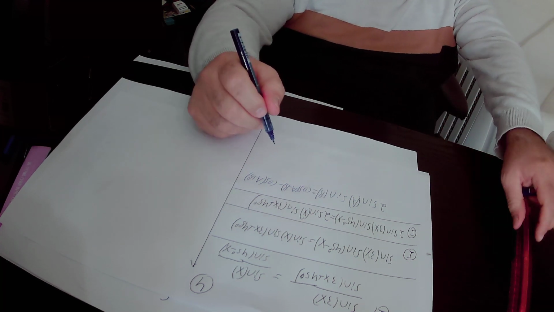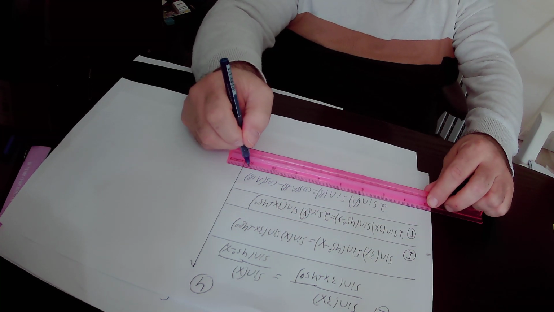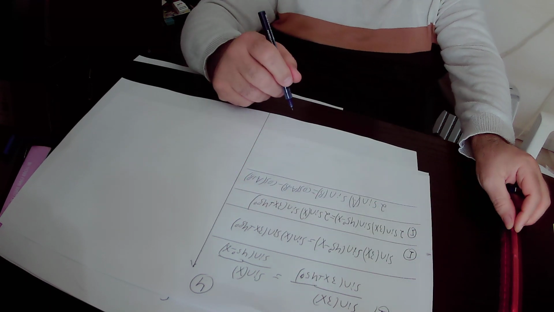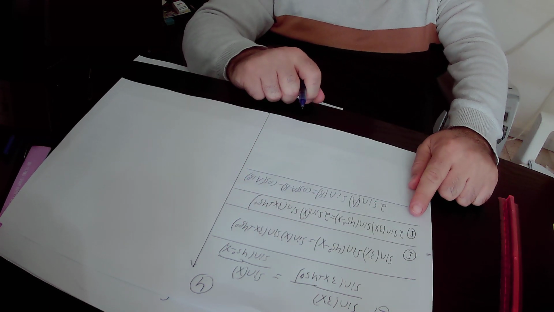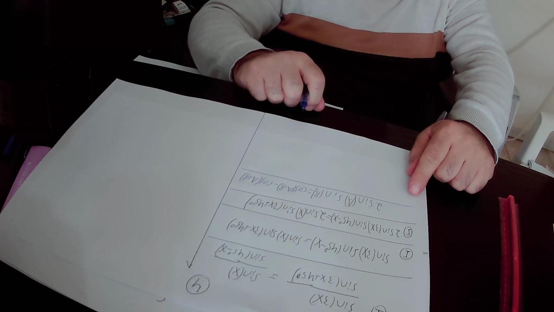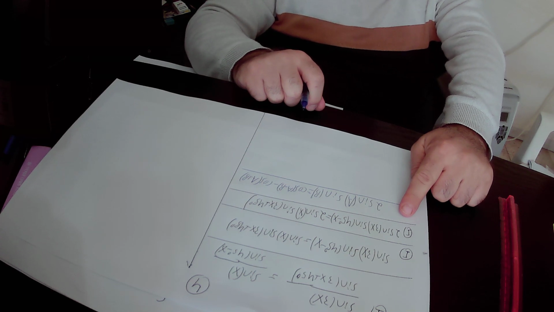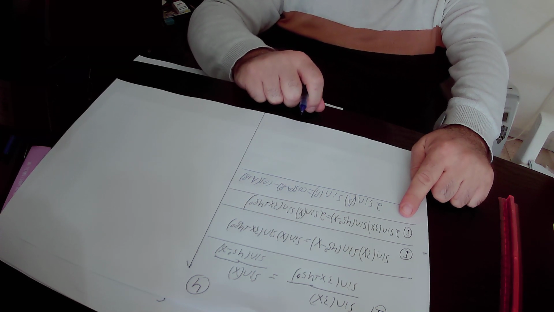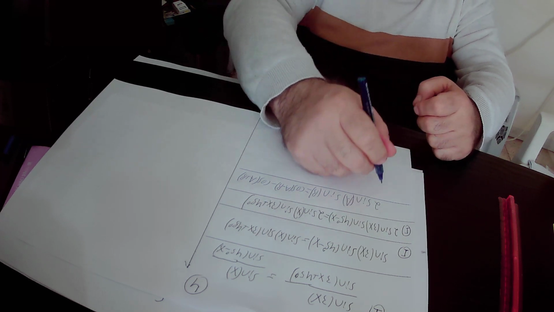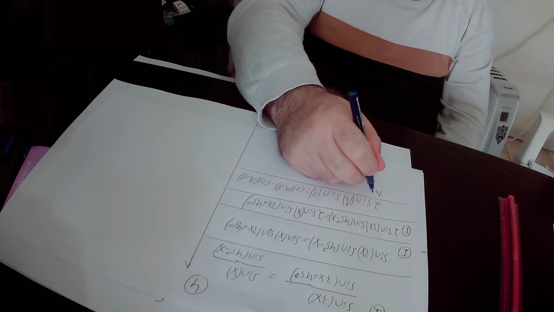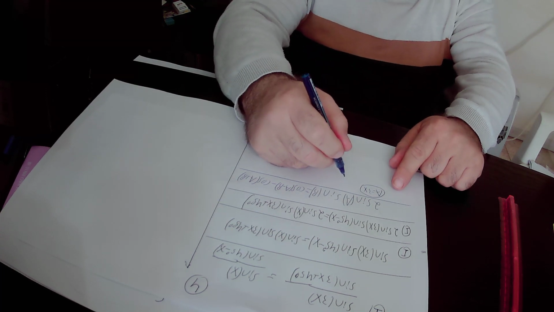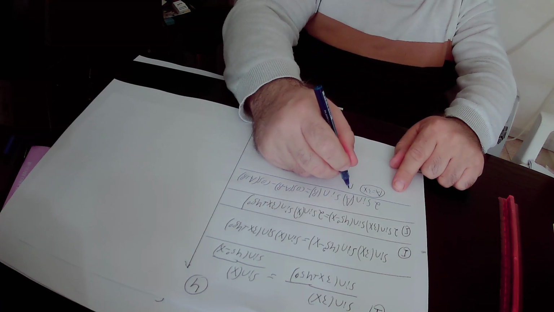I repeat again, we will use this trigonometric identity in order to simplify our equation number 1. Here, on this side of equation number 1, A equals 3x and B equals 45 degrees minus x.